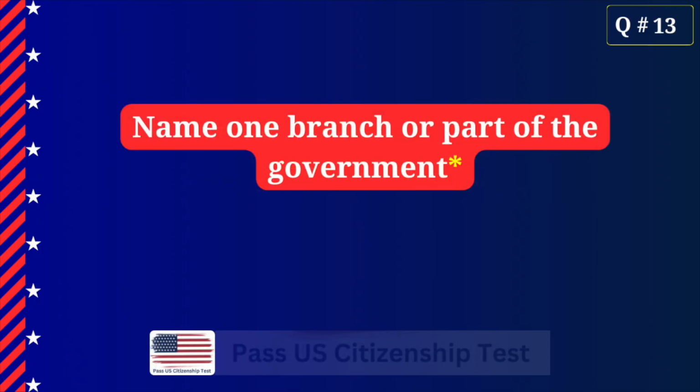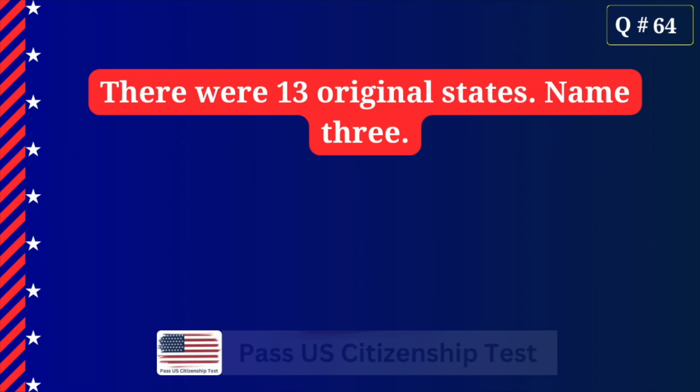Name one branch, or part, of the government. Congress. There were 13 original states. Name 3.